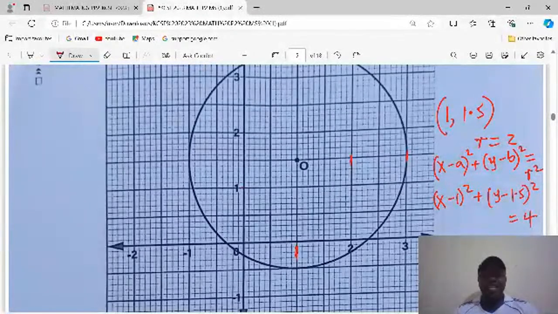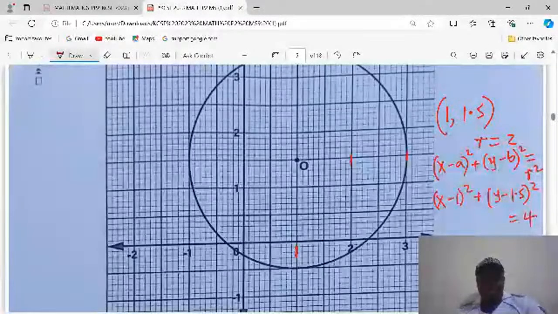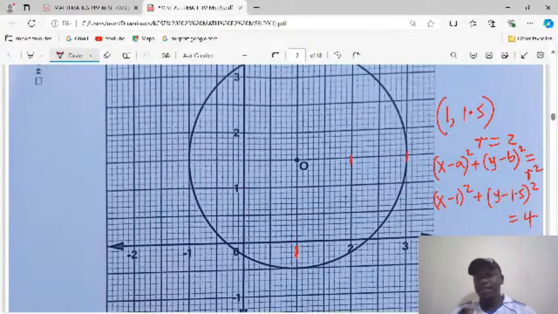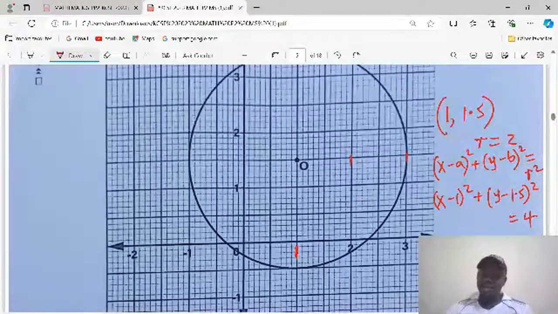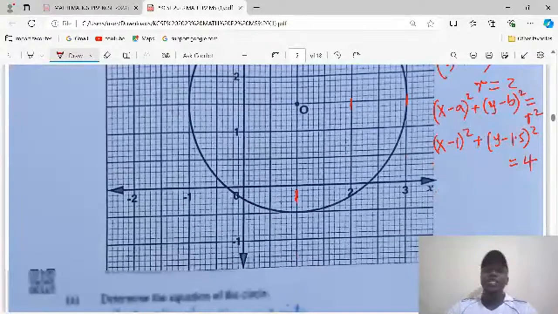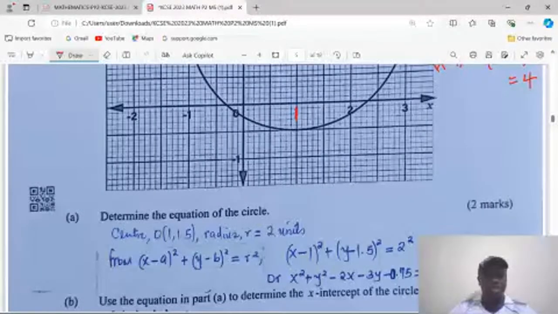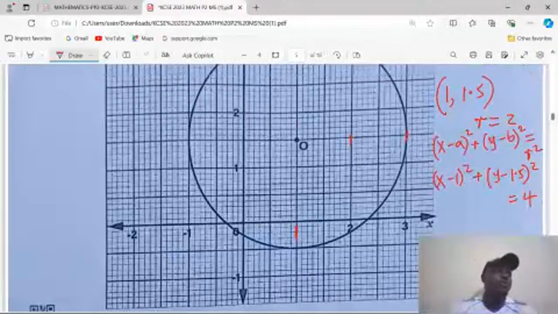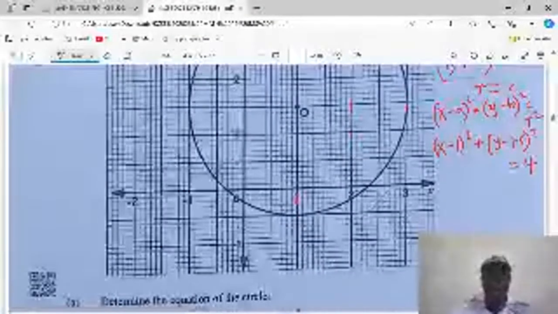Remember, a and b are the coordinates of the center of the circle. At that point, it's good for me to mention that the equation is already complete because the examiner has not specified the format. So you have the general equation. It's already correct.